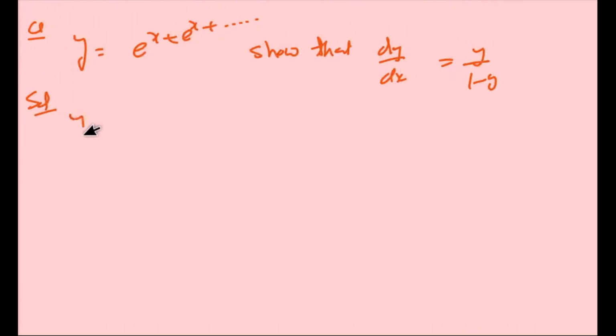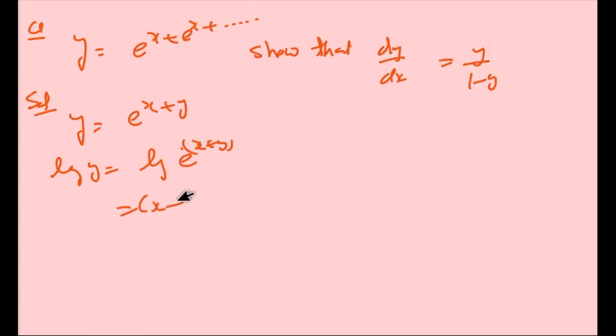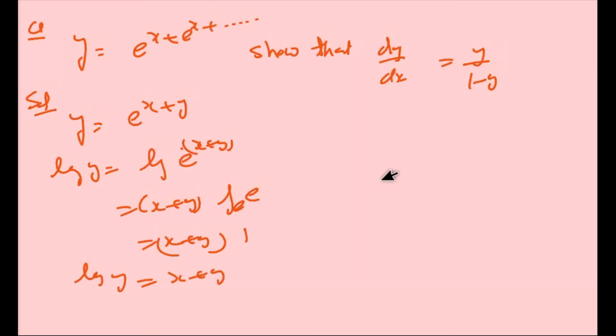I think you are understanding this type of questions. Now you can see here, starting with e, so we can write this one as y, e to the power x plus y. Now taking log both sides, we can use here x plus y log e base e, and what is the value of log e base e? That is 1. So we have to differentiate log y equal to x plus y.